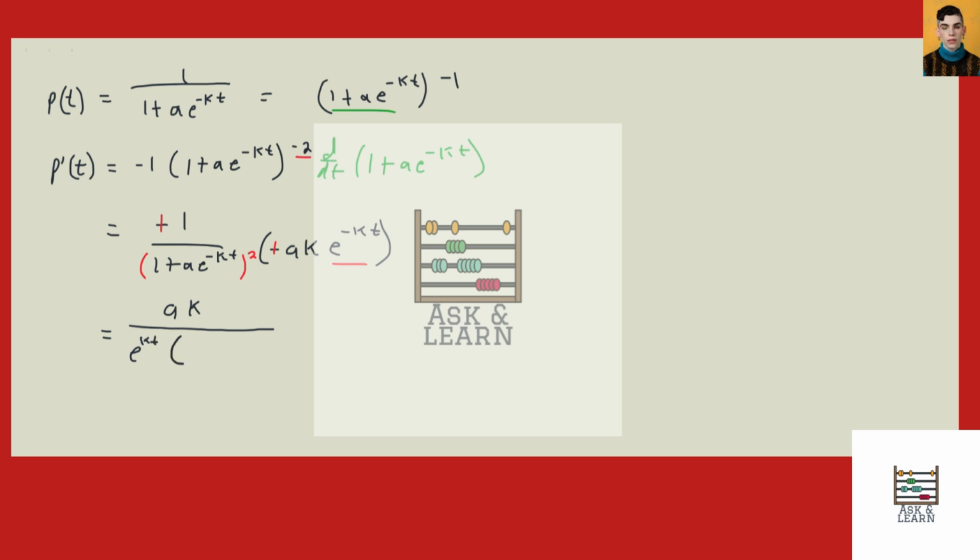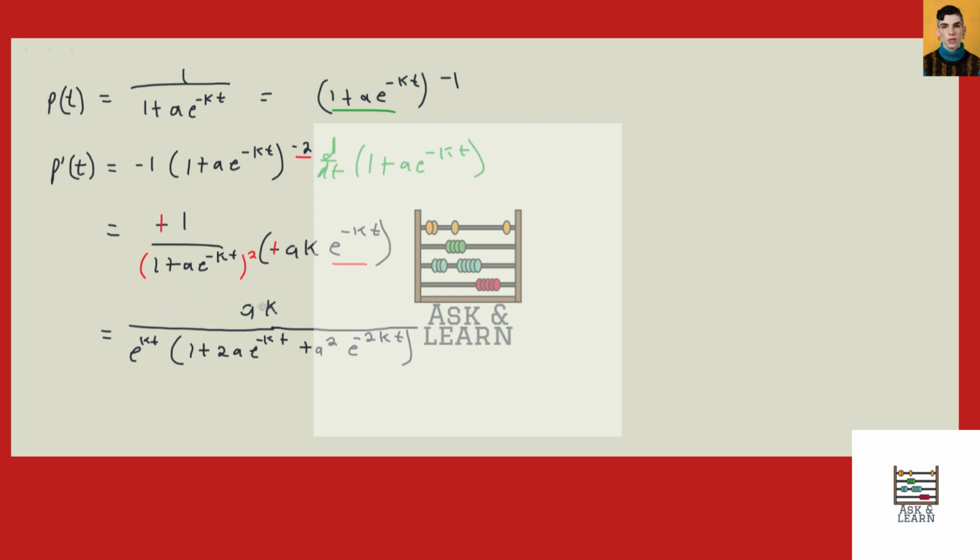And now when we do 1 plus a e to the negative kt squared, well, this is going to be 1 plus 2a e to the negative kt plus a squared e to the negative 2kt. And this is just by the perfect square formula.